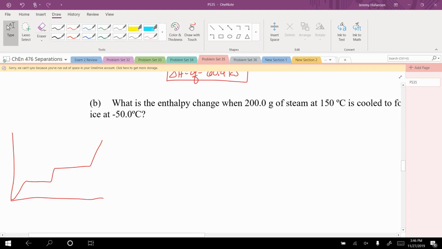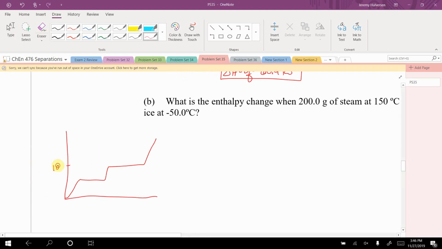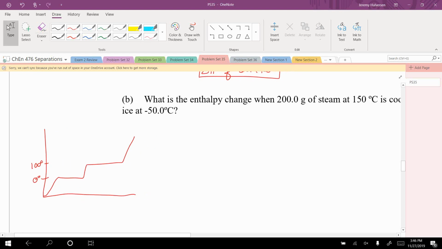I've got steam. Remember, boiling point is 100. Melting point is 0. I've got steam at 150, so I'm somewhere up here. And I'm cooling down to ice at -50, somewhere down there. So how many steps do I have? I have to heat up my ice, or I guess I'm starting at steam, right?